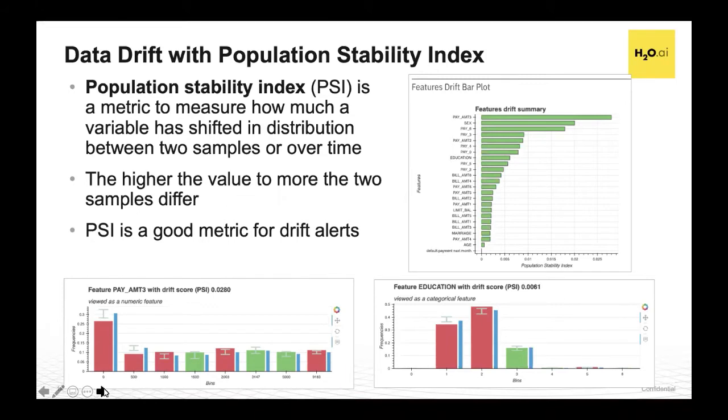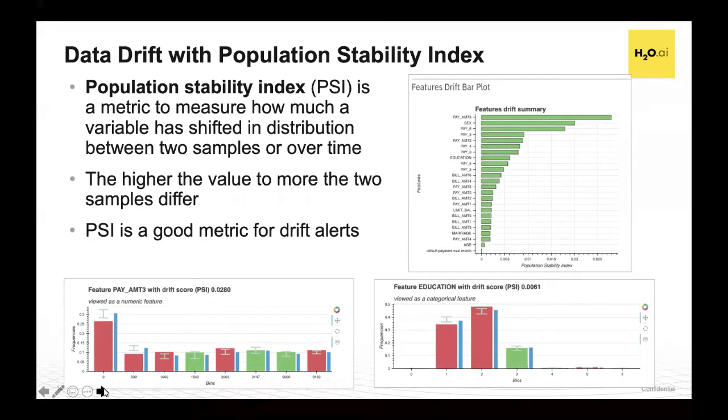And so when we run the Population Stability Index metric and we get a higher number, that tells us that the two populations of data for that given feature are different from each other, which makes the Population Stability Index really useful for drift alerts. There are other ways you can measure and monitor drift, but PSI is a good place to start.